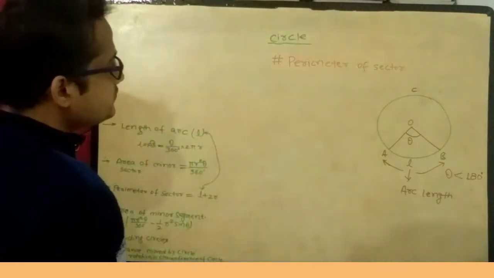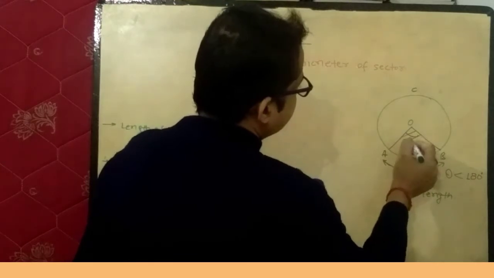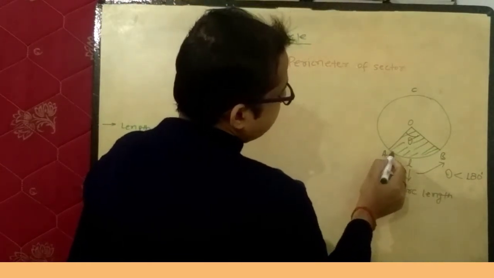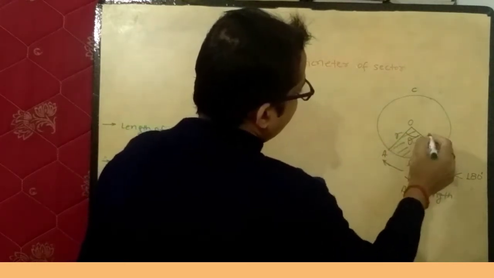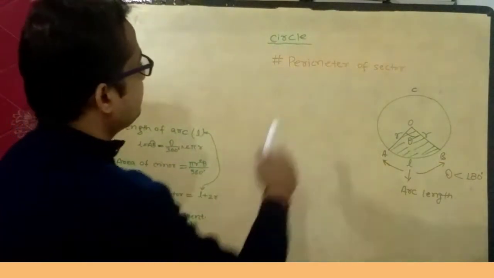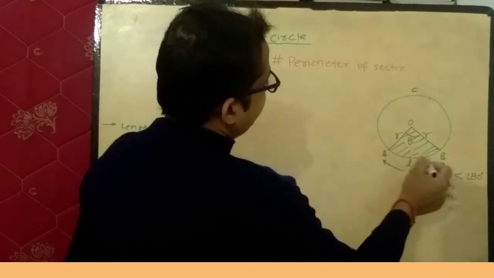Now we have to calculate perimeter of sector. So this region, which is bounded between this arc AB and these two radius OA and OB, is minor sector. Now you have to calculate perimeter of this sector.